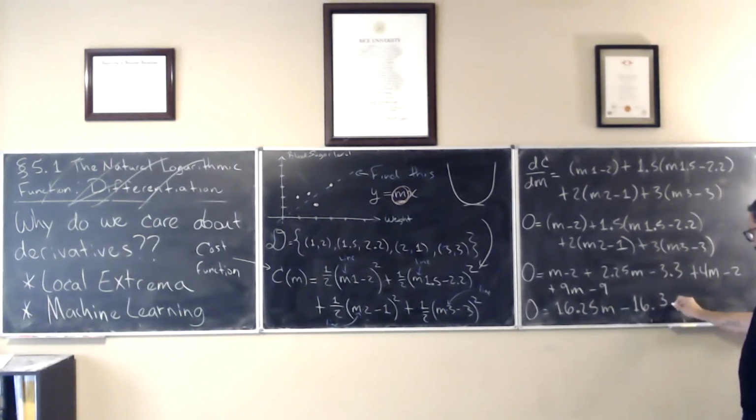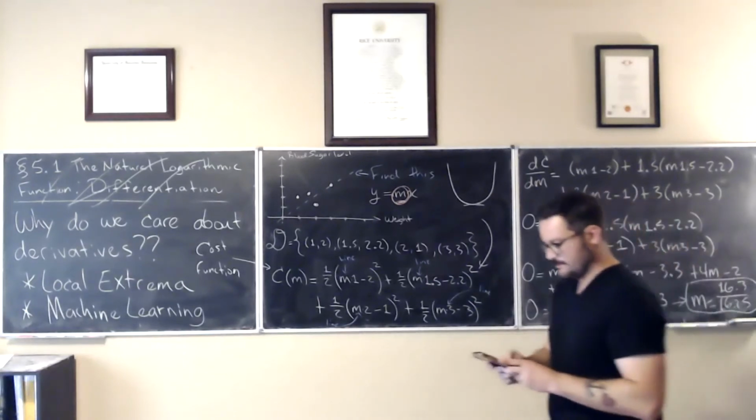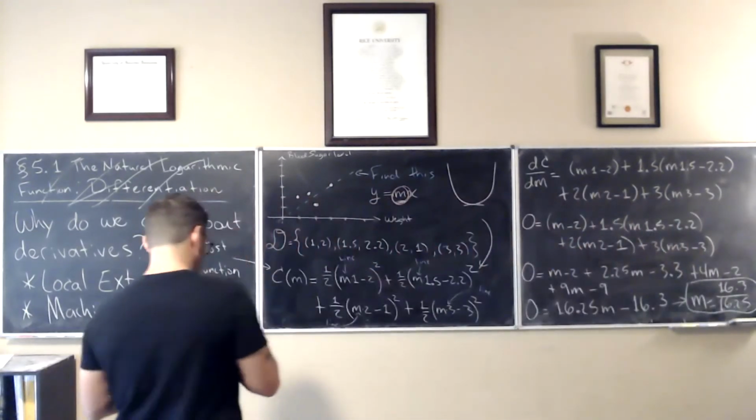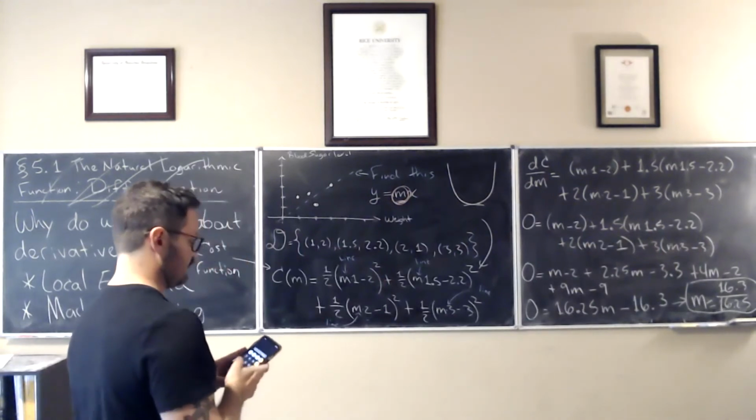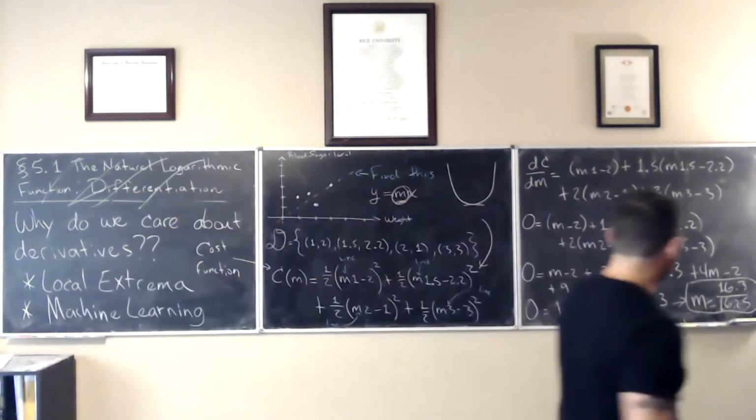And then what does that tell us? Hopefully you can still see. That means that m is equal to this divided by that: 16.3 over 16.25. Can y'all see that? 16.3 divided by 16.25 is approximately 1.003.